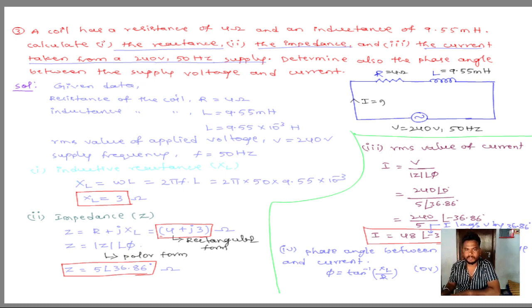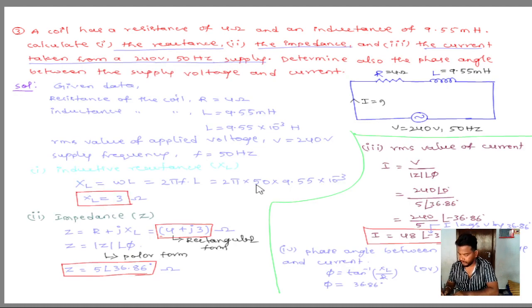And by substituting tan inverse of XL by R, XL is 3 and R is 4, we are getting the same value, 36.86 degrees. This is the phase angle between supply voltage and current.